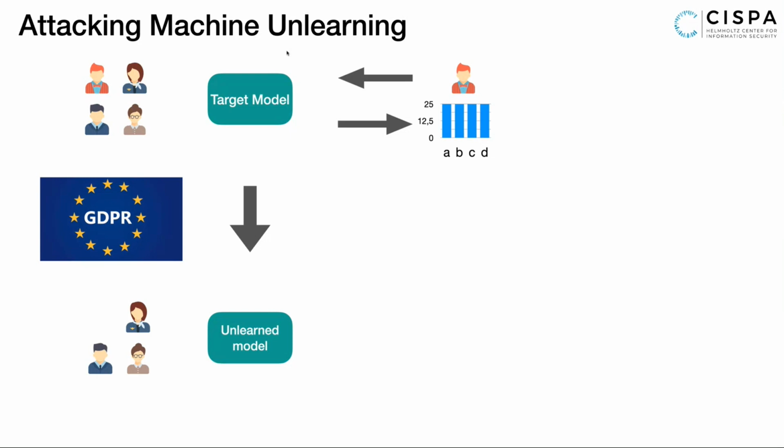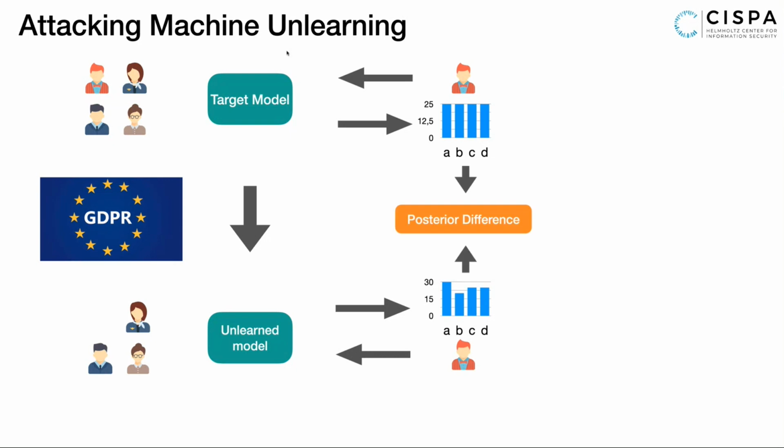But now this person is deleted. So you use this person again to query the unlearned model. The unlearned model will of course give you a different posterior, because your model is already different. What you could do is use the posterior difference of the same person's data on the two versions of the model to build an attack model to more accurately infer, or at least the attack model is more confident, that this person is part of the original target model.